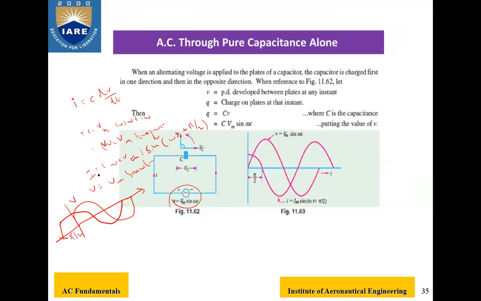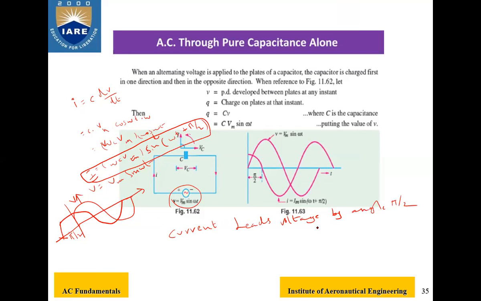So what we are saying is that the current waveform is leading in terms of angle compared to the voltage waveform here. Current leads voltage by an angle pi by 2 for a pure capacitor. This is for the pure capacitor. Okay.